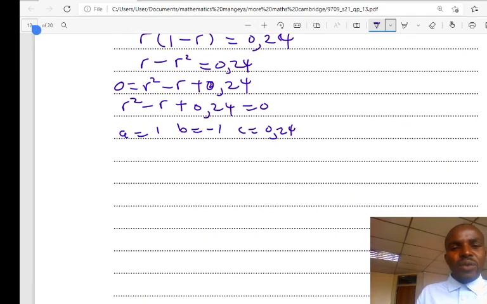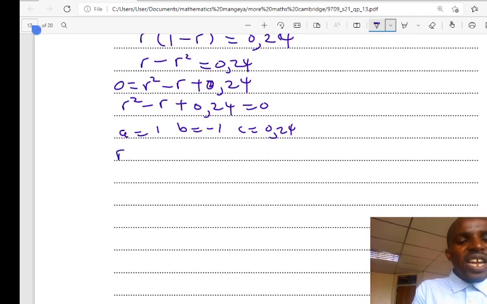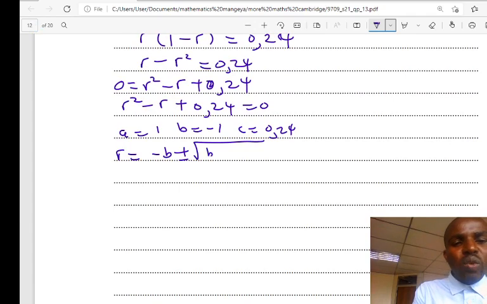So by quadratic formula, r is equal to minus b plus or minus the square root of b squared minus 4ac, all over 2a.